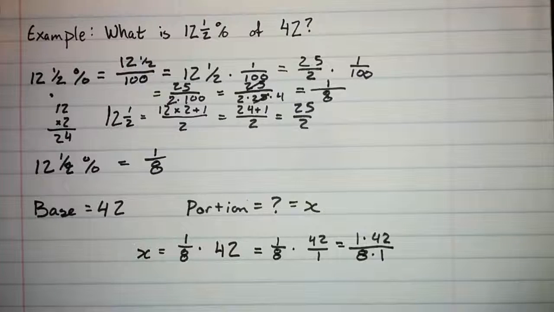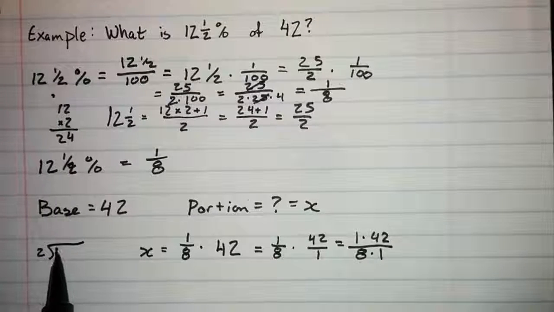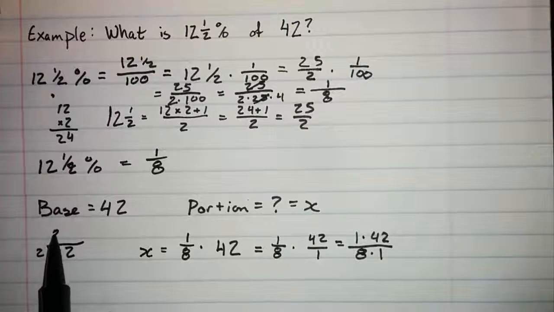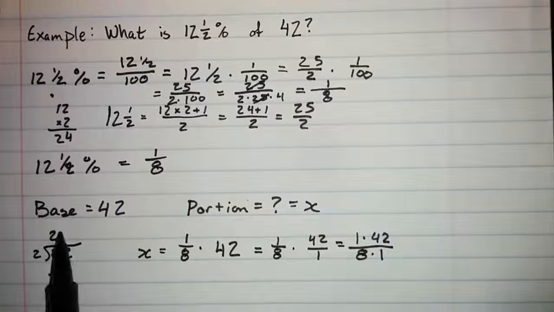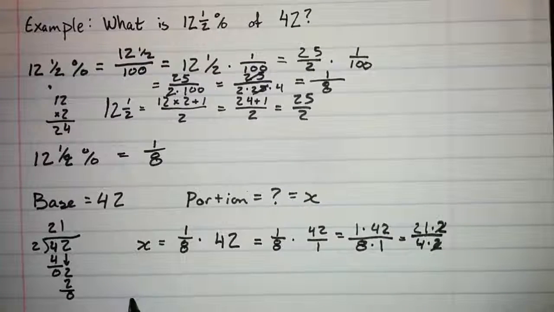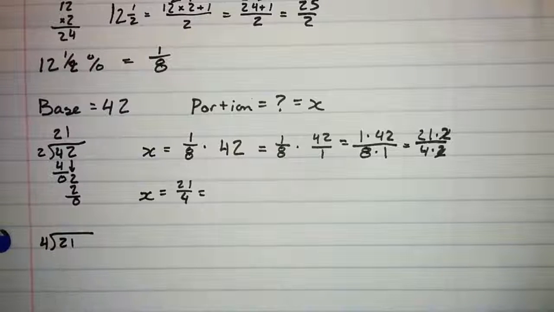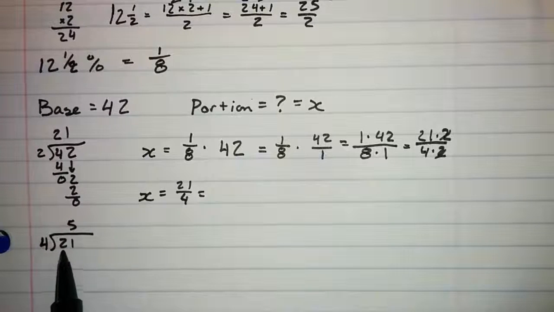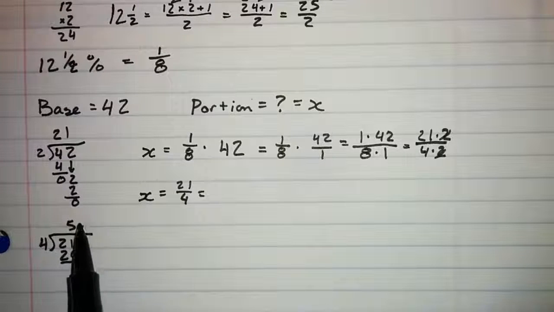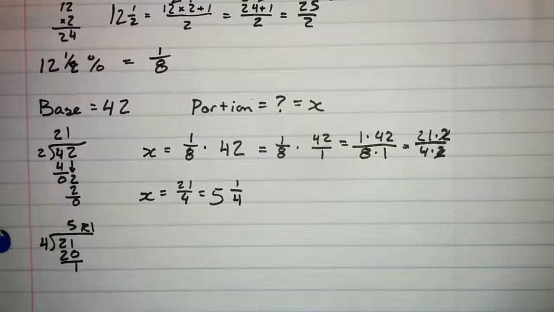Let's see, I think these guys have a 2 in common, right? 2 into 42. 2 goes into 4 twice. 2 goes into 2 once. Yes. So 21/4. Let's make that into a mixed number. 4 goes into 21 5 times, with 1 left over. So this is 5 1/4.